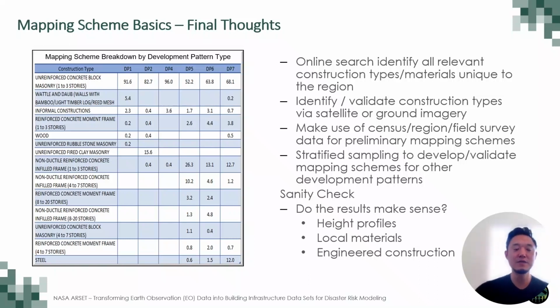You definitely want to make use of any type of census data or region-specific or field surveys. It takes a lot of the legwork out, and they can help you with some preliminary mapping schemes. Once you have those mapping schemes, though, you need to be able to validate these, maybe through a stratified sampling.